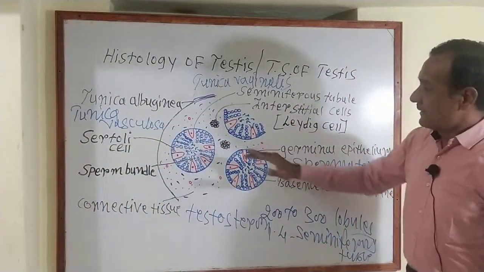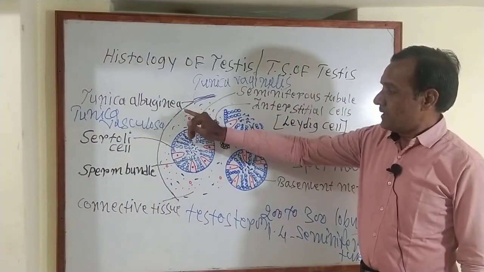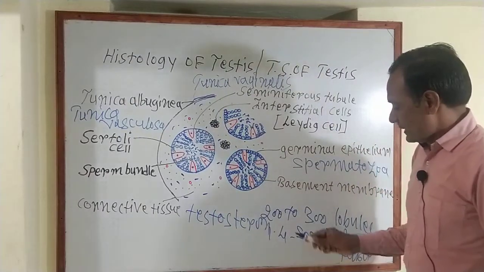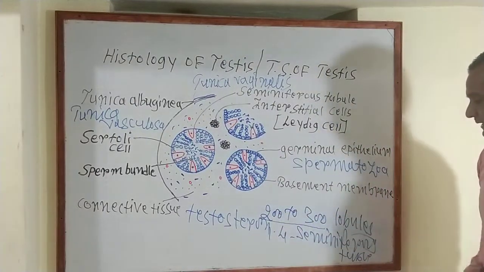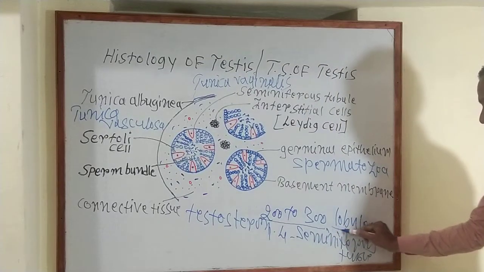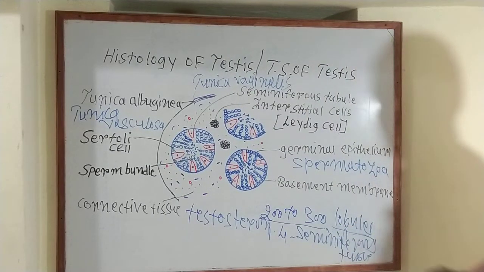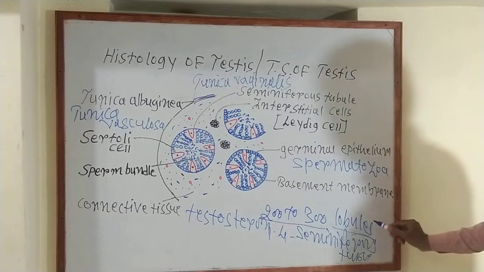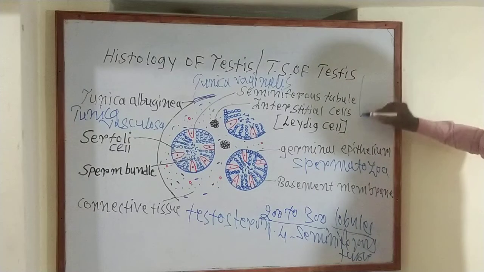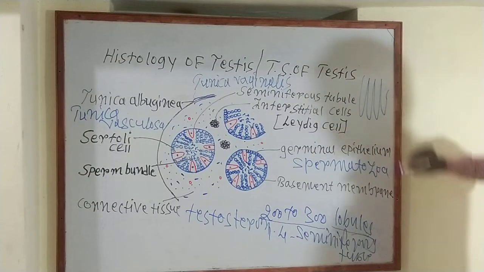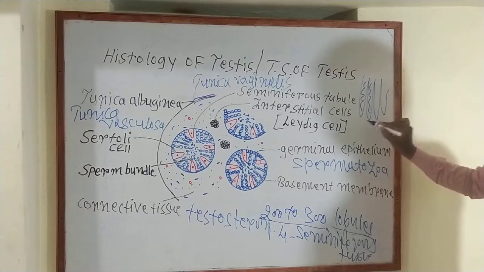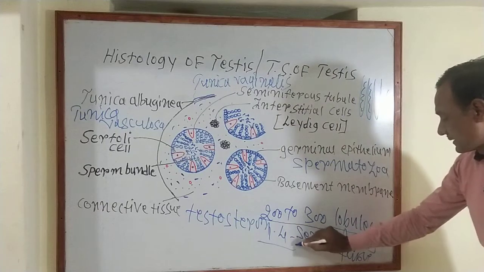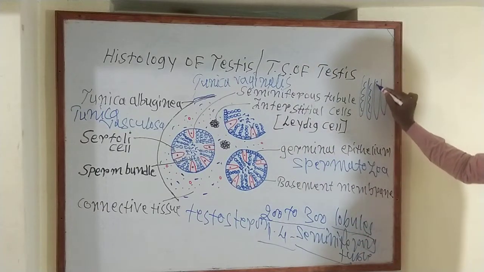Then internally the tunica albuginea is divided into 200 to 300 testicular lobules. Each lobule contains 1 to 4 highly coiled seminiferous tubules.